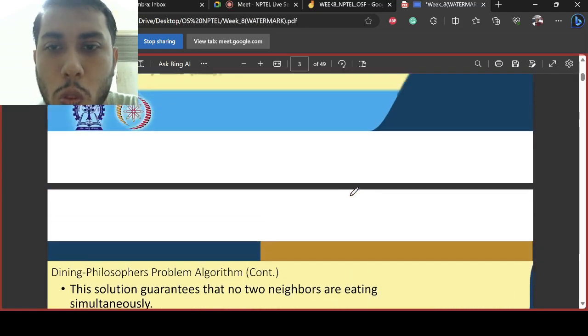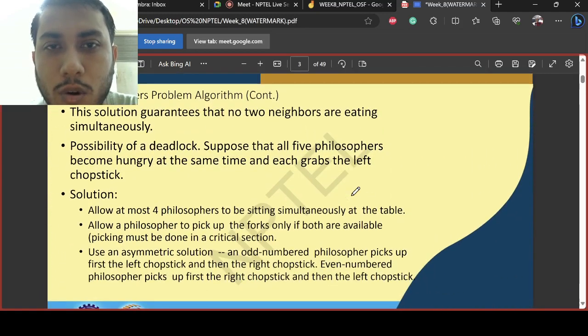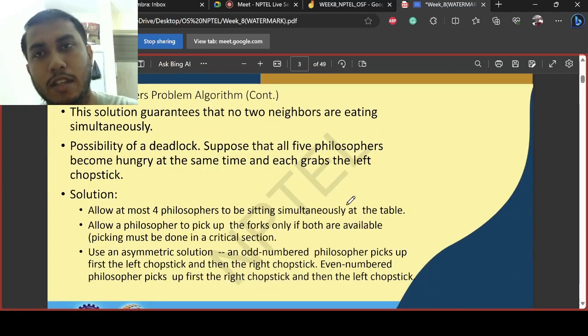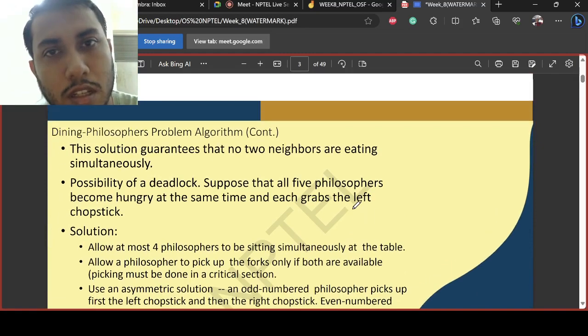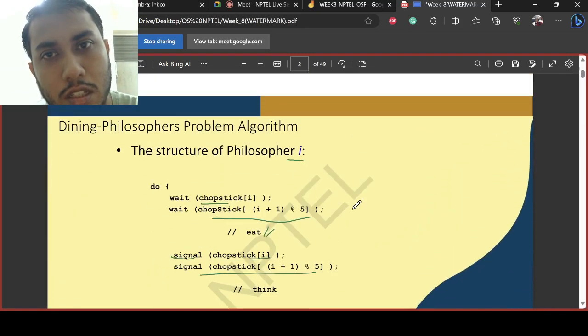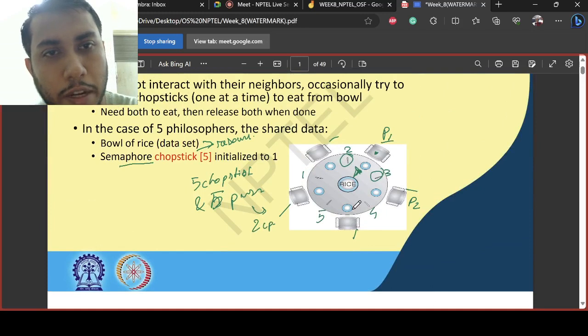Now this solution guarantees that no 2 neighbors are eating simultaneously. This means when P1 is able to eat, P2 is not able to eat. Again, P3 is able to eat because it can pick up this one. In that case, P4 will not be able to eat, and neither will P5.